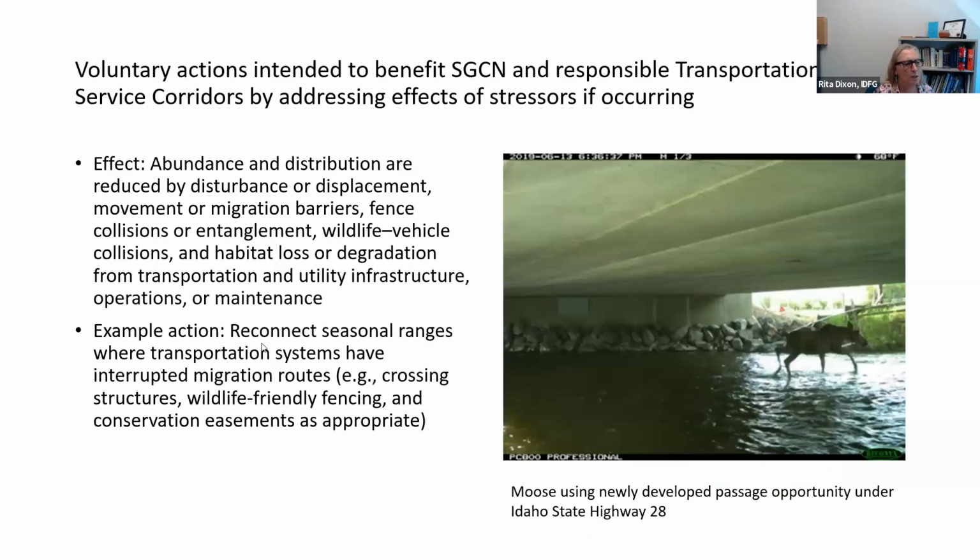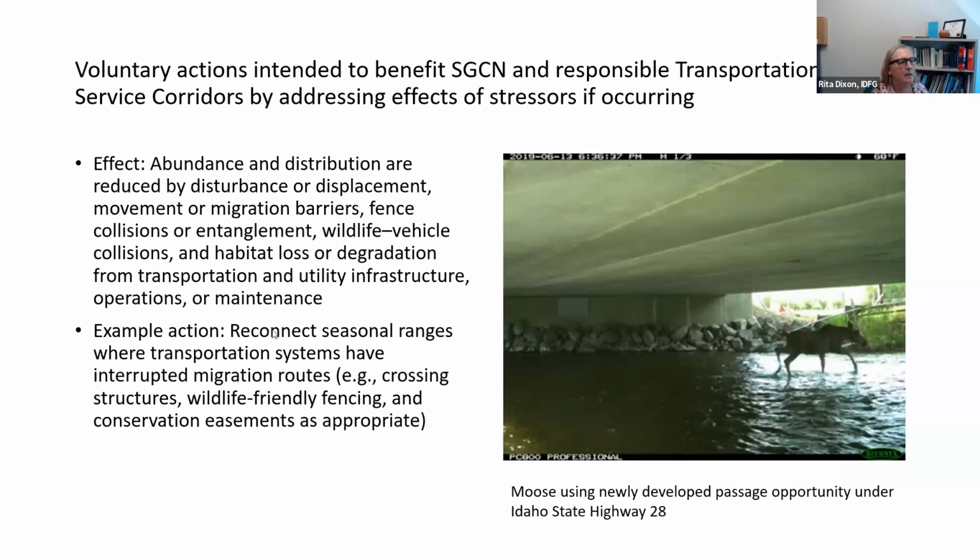So next, I'm just going to touch on some examples to give you a sense of how we have addressed this. For each of these challenge categories, we include voluntary actions that are intended to benefit species of greatest conservation need and responsible transportation service corridors by addressing the effects of stressors if it's occurring.